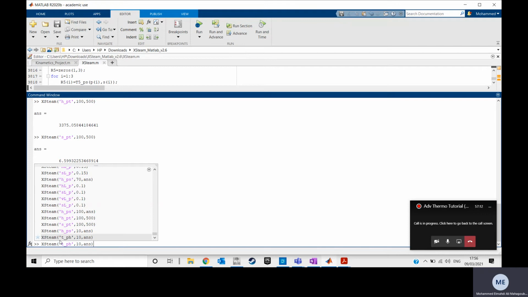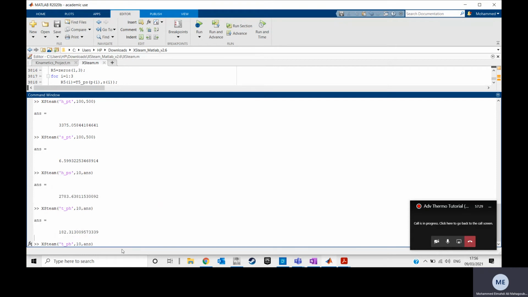We need to see this new H. Where is this new H lying? This new H is much higher than HG, which is 2777.1, and we got 2900. So yes, it is superheated.